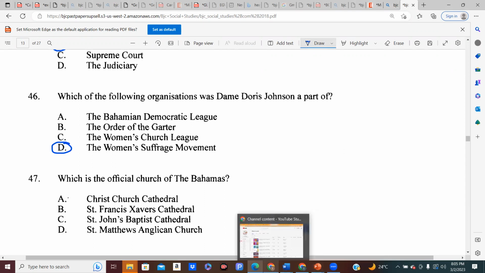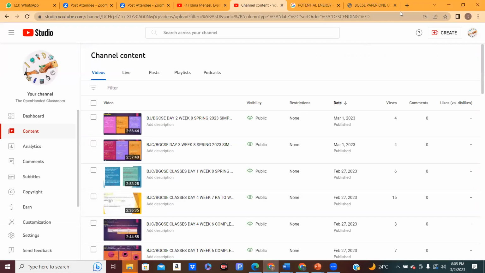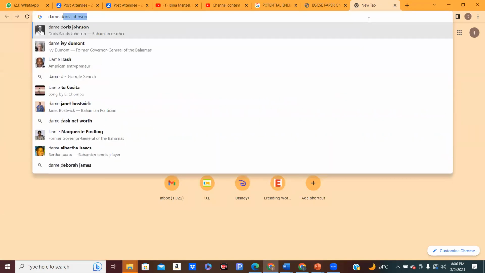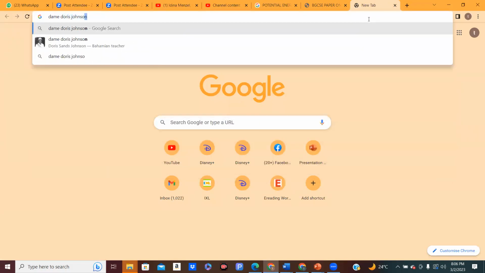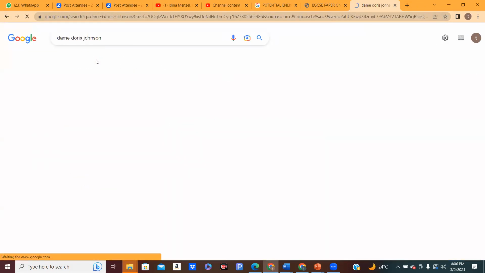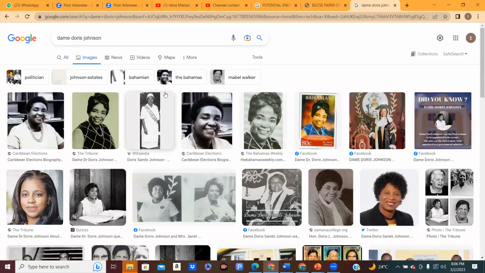By the way, let me just show an image of her. Dame Doris Johnson. You see how she looks? Very important woman in Bahamian industry, by the way. These are photos of her.